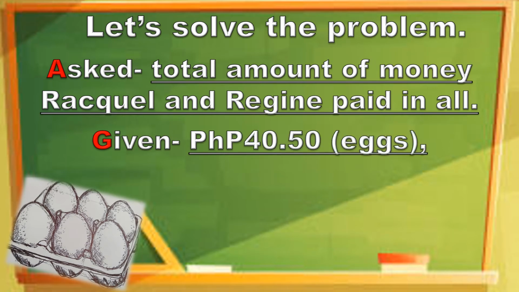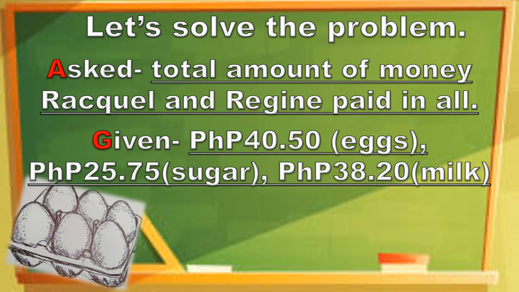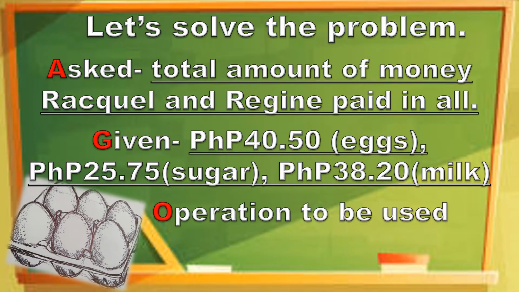G, for given: we have 40 pesos and 50 centavos for eggs, 25 pesos and 75 centavos for sugar, and 38 pesos and 20 centavos for milk. O, the operation to be used, what do you think we should use? Okay, very good. We have to use the operation addition.